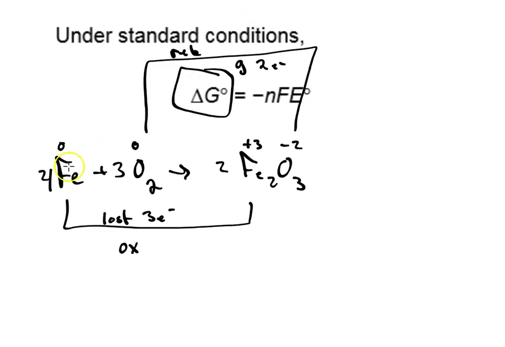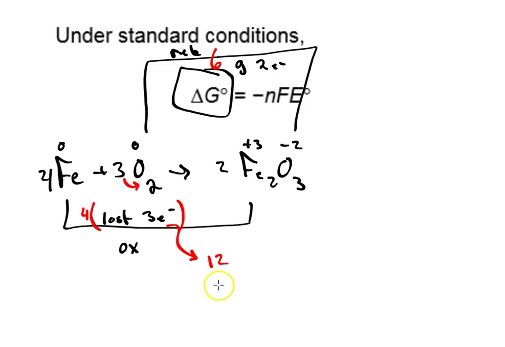We had 4 irons lose 3, correct? And then you got to be careful here. We have 3 times 2, which is 6 oxygens, gaining 2. Does that equal each other? Yes. The moles of the electrons in this equation are 12.